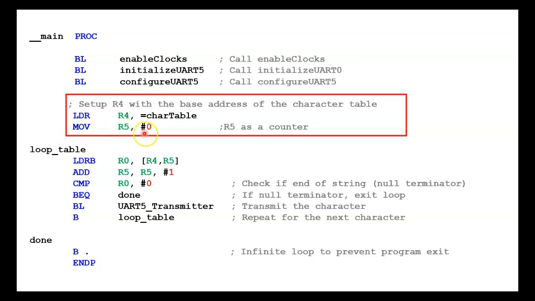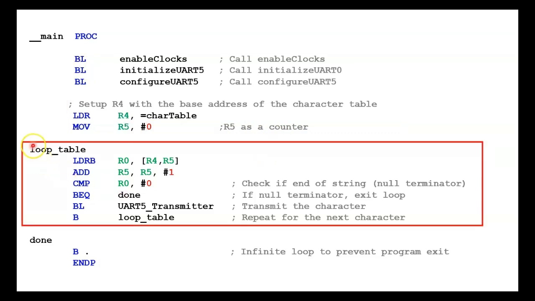This instruction initializes R5 to 0, and R5 is used as a counter. So we come to this part here in the red box. Loop underscore table, this label, marks the beginning of the loop that goes through the string of characters that we've seen earlier.